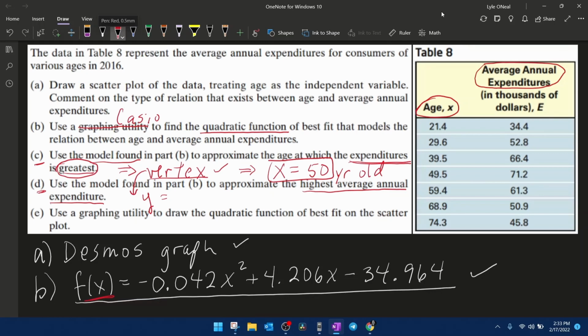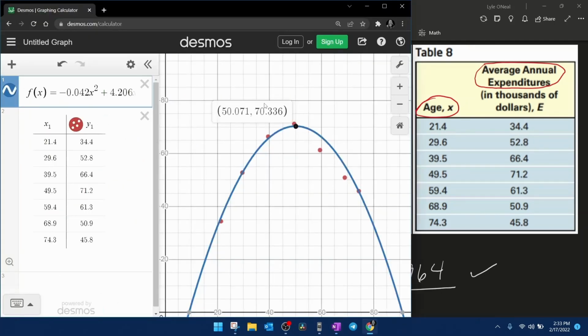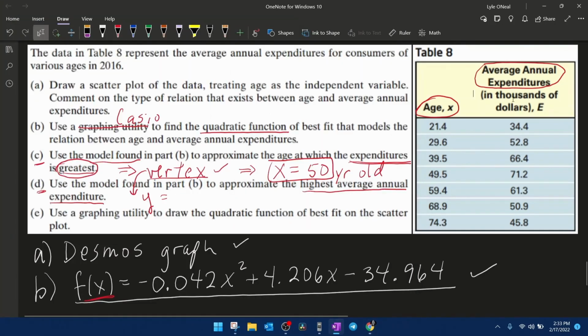So all we have to do is go back to Desmos, pick the y coordinate of the vertex, and we're going to have that approximate value. Back to the graph, we can see rounded to the nearest whole number, that's going to be 70. That is in thousands of dollars, so that would be $70,000.